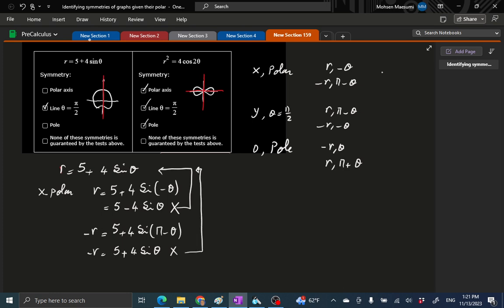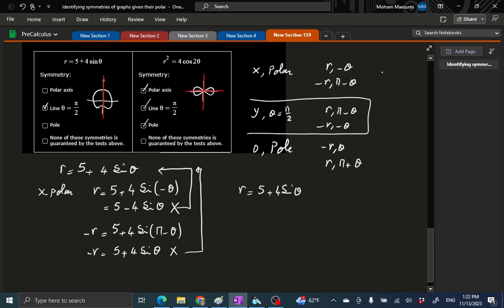So our test does not support that the x-axis is an axis of symmetry. So in that case, we just leave this and move on to the next one. How about the y-axis? Well, for the y-axis, I have the original is 5 plus 4 sine of theta.